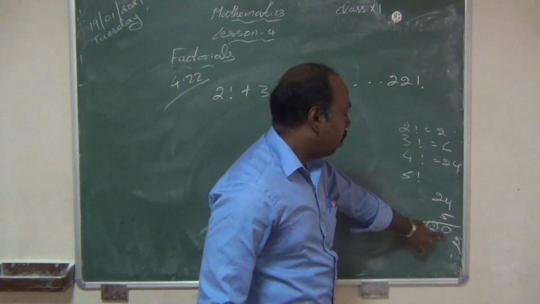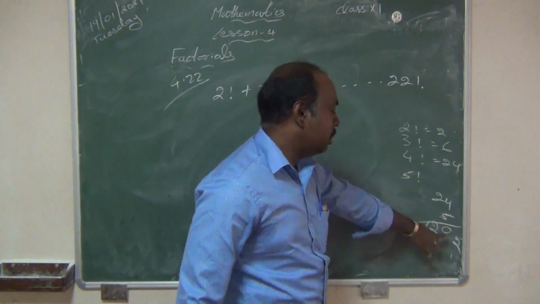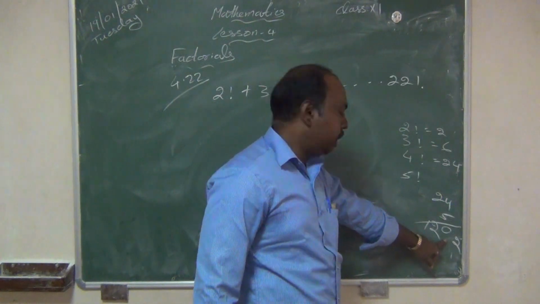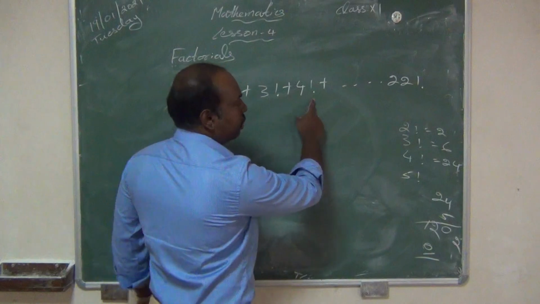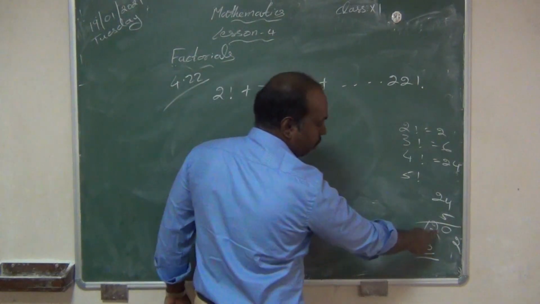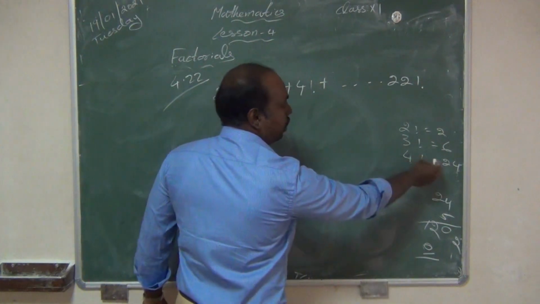So 120 multiplied any number of times, you will get unit digit as 0. So from 5 factorial onwards, whatever numbers you multiply with 120, you will get 0.